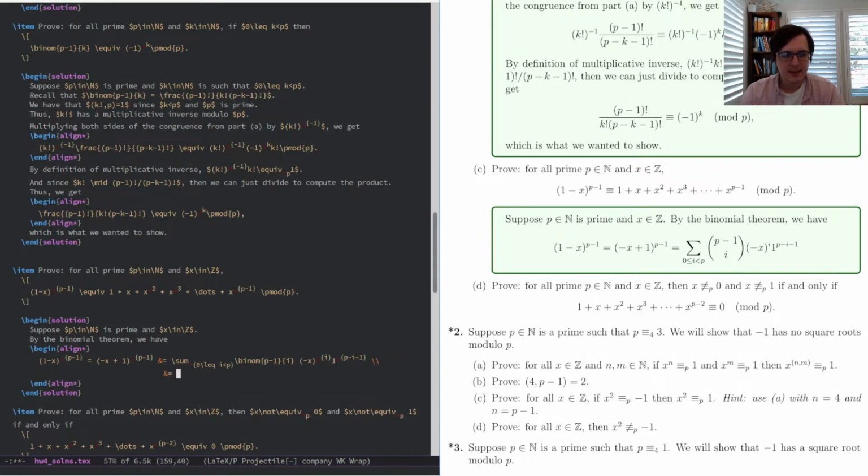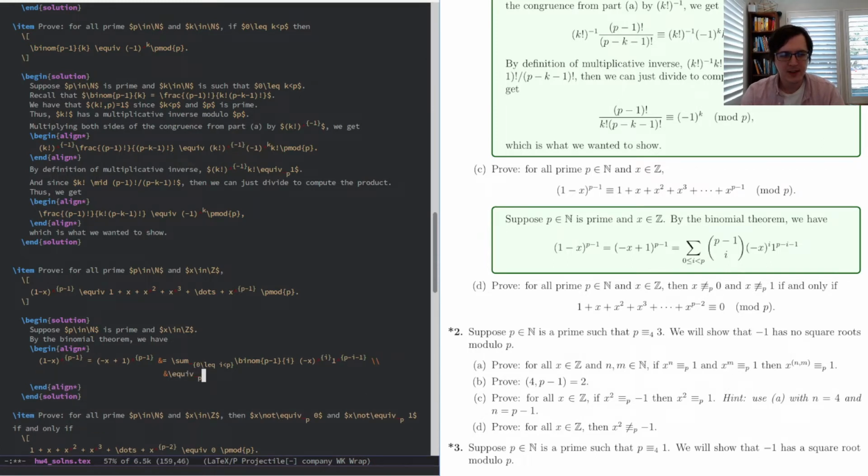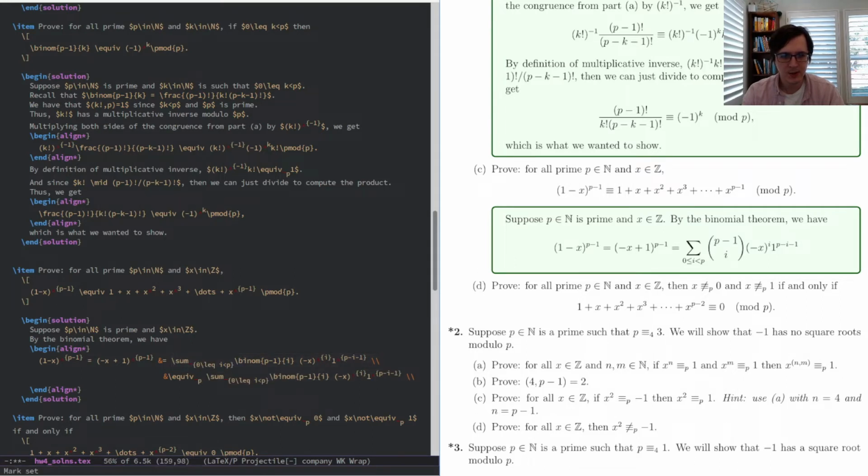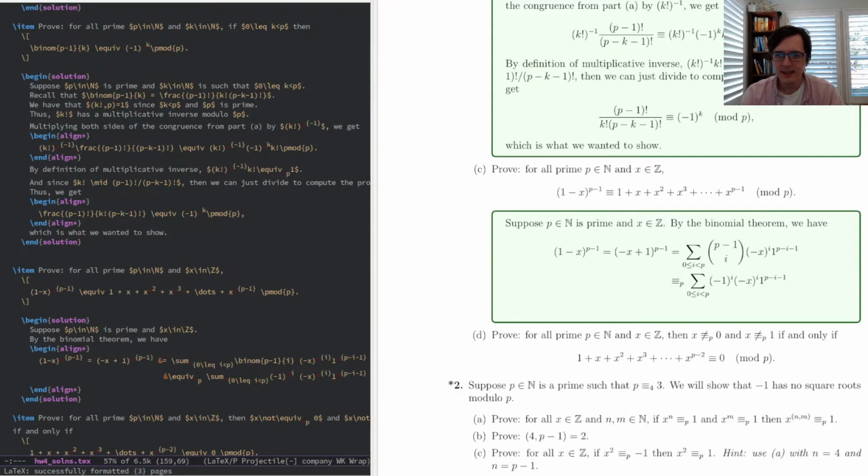Okay, so then, equivalent mod p, this is congruent to, we can replace that with minus 1 to the i. I guess I could have used k, because then it would match up with the problem, but hey, this is fine.